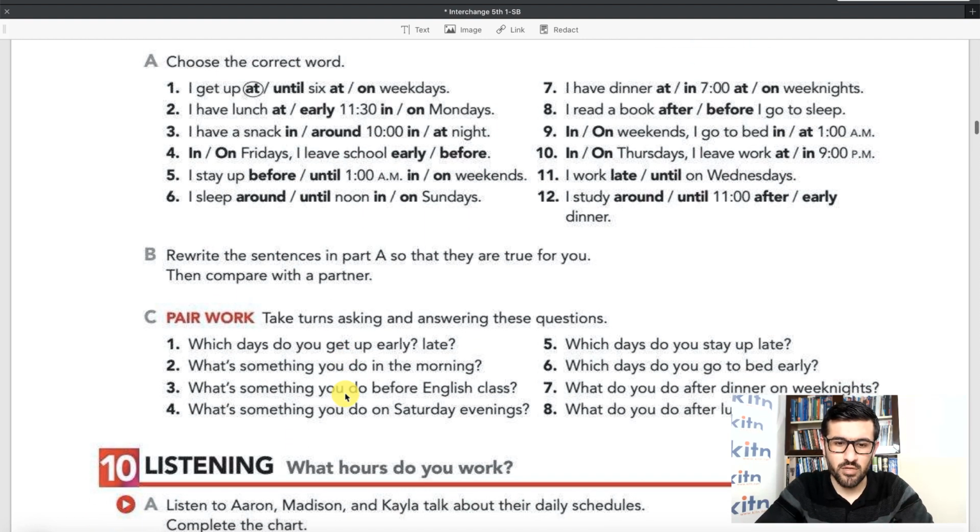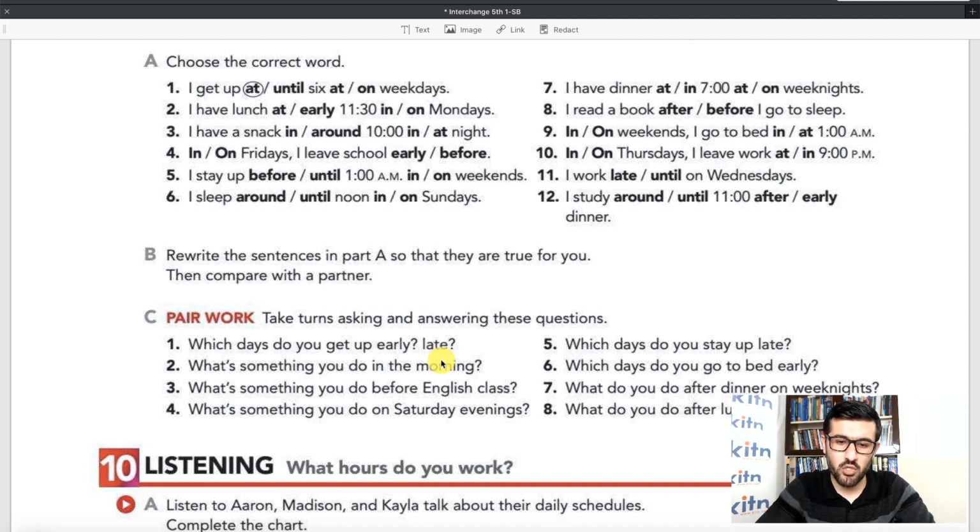For example, which days do you get up early or late? You simply say, I get up early on, for example, Sundays. I get up late on Fridays. And you continue to do the same.